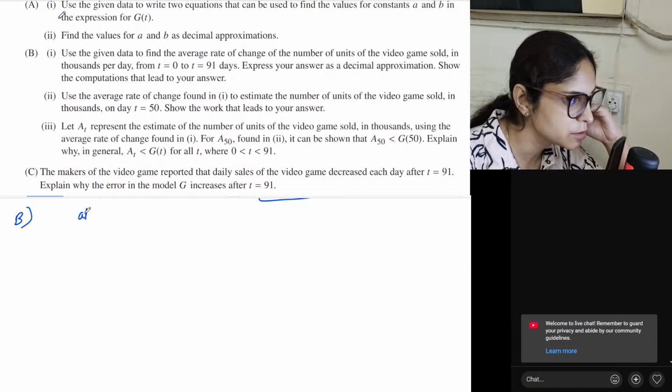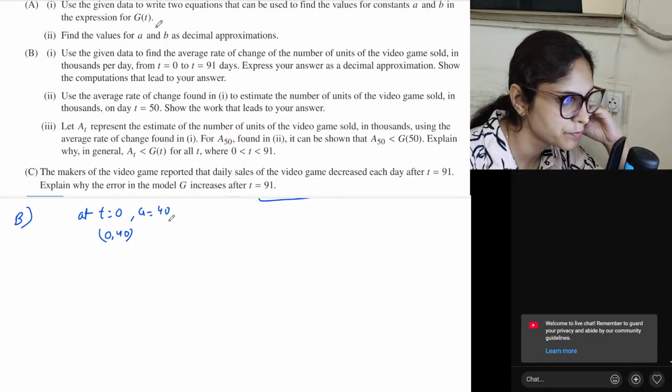At T is equal to 0, G is 40, that means the point is 0, 40. At T is equal to 91, G is 76, that means the point is 91, 76.